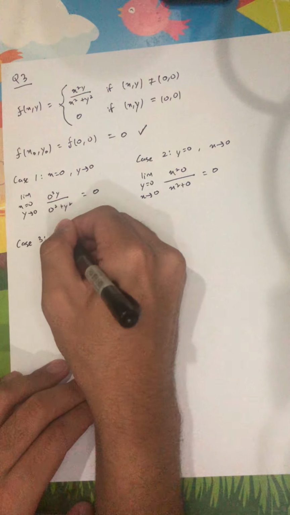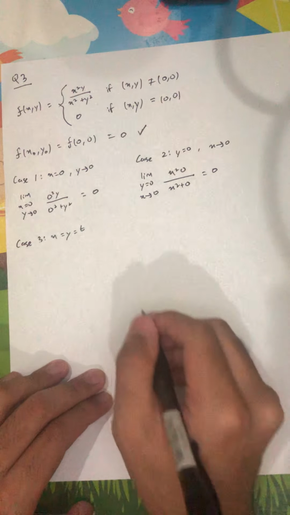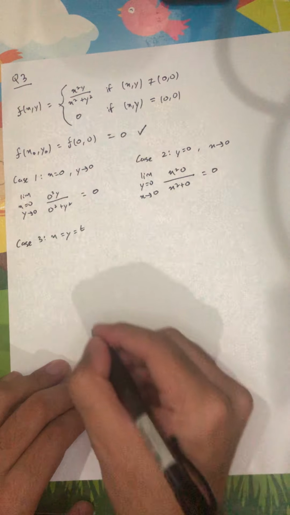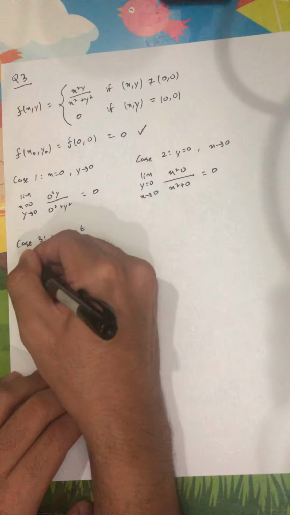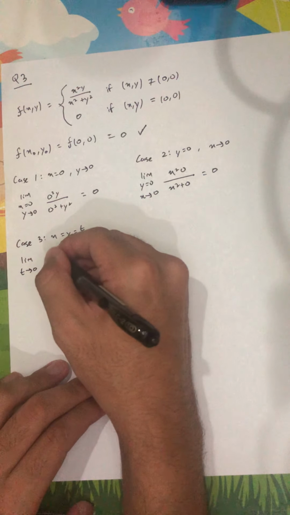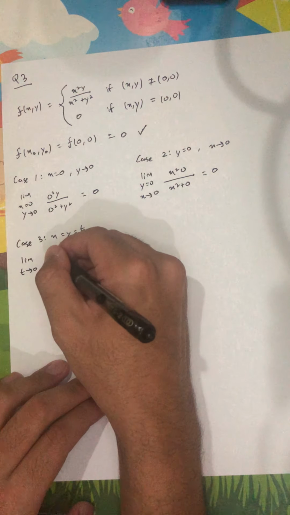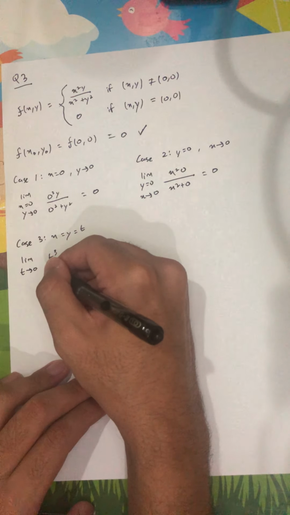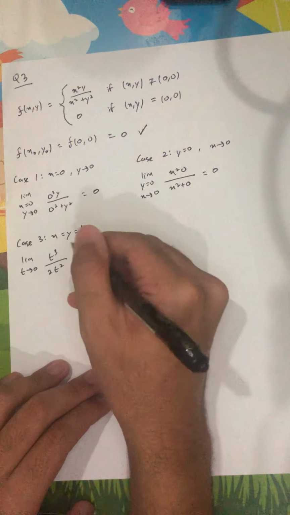Now we can look into case 3. We set x equal to y equal to t, right? So the limit as t approaches 0, we replace all the x and y's with t, we will have t cubed over 2 t squared.